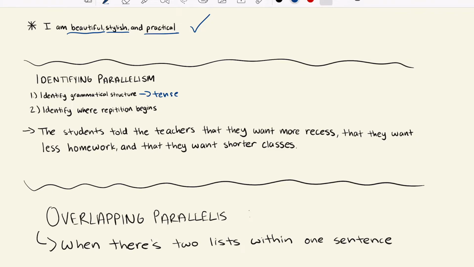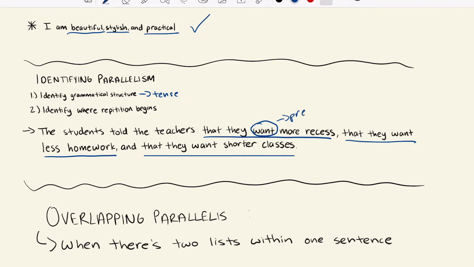In this sentence, the repetition begins with that they want more recess, that they want less homework, and that they want shorter classes. For this sentence, we can find the grammatical structure, the tense, because want, the verb, is present, and so we know that this sentence is in present tense.